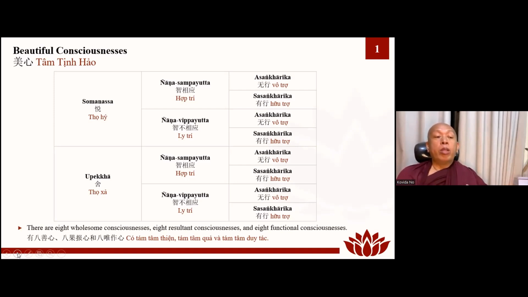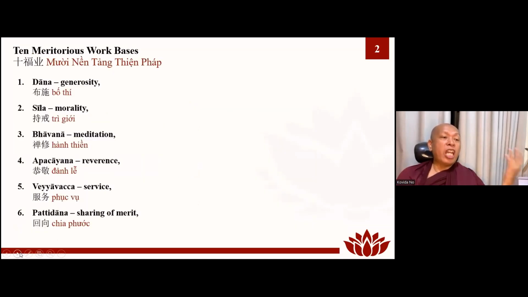Then we also have to know different types of wholesome deeds according to the conditions. We have 10 different types of meritorious work bases. The first one is dana, generosity.